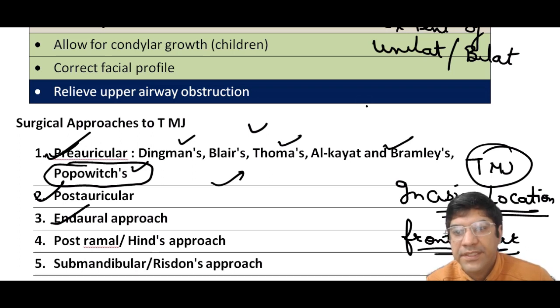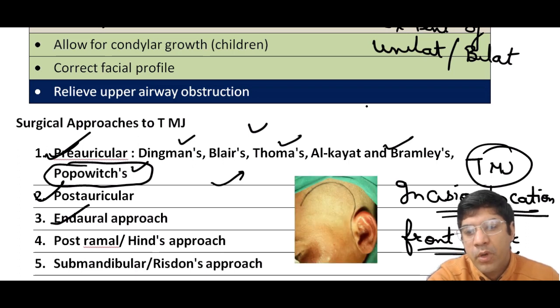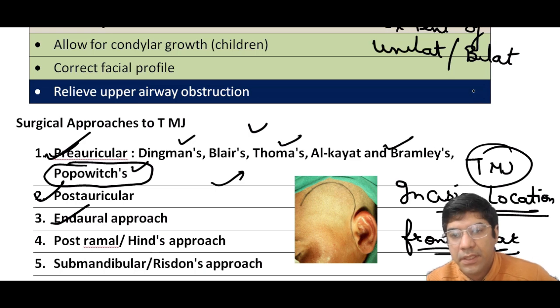The Popovich incision is a modification of the approach used for surgeries involving the zygomatic arch and the joint. The incision used in this approach is longer and wider than the traditional incision. It follows a question mark shape, starting around the length of the ear. What are the advantages of the Popovich modification over the Al-Kayat-Bramley incision?